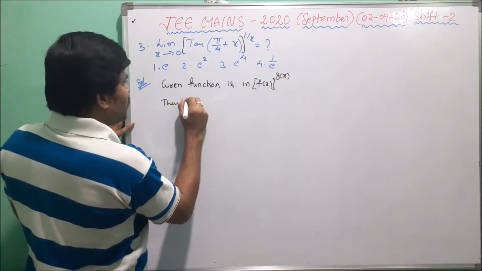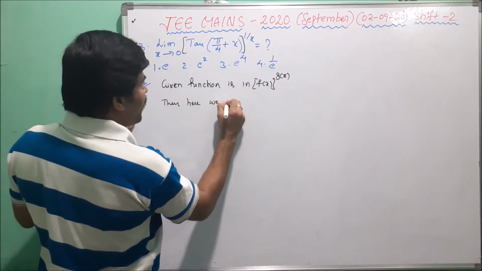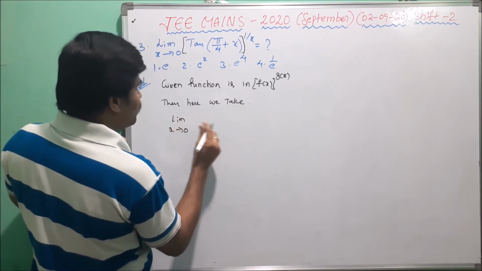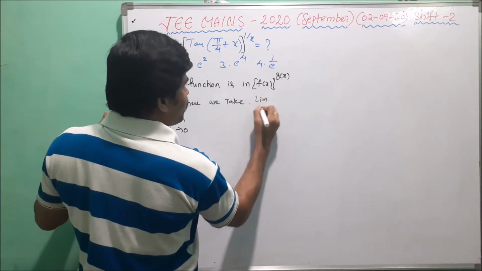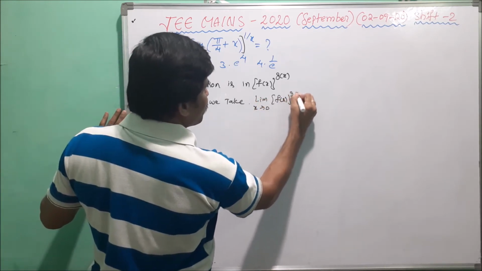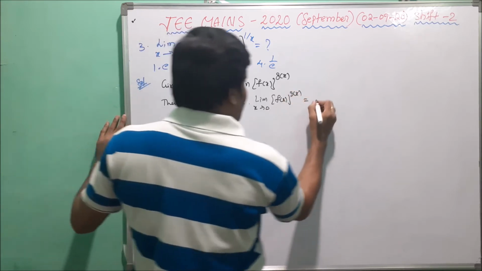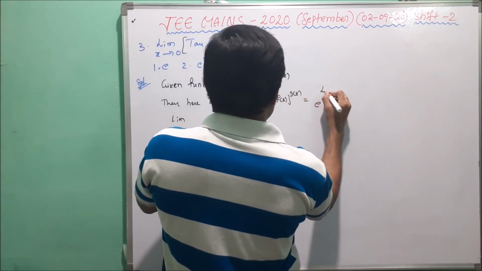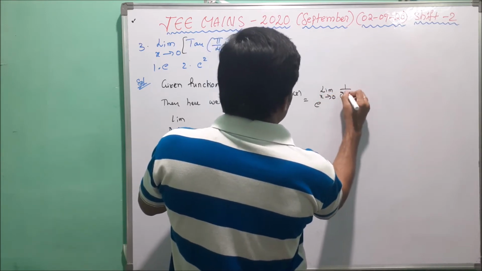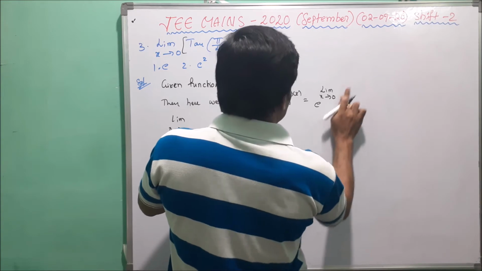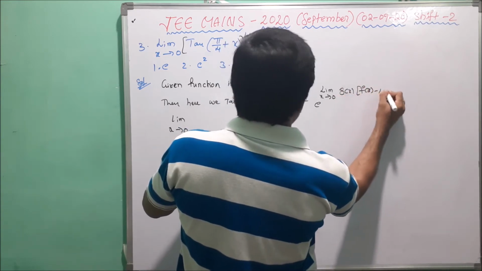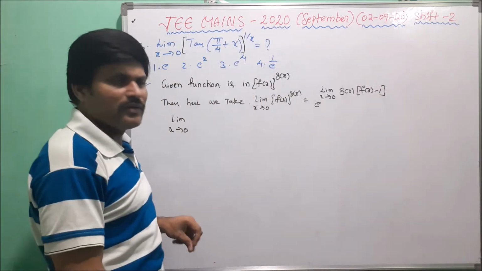Then here we take limit x tends to 0, f(x) power g(x) can be written as e power limit x tends to 0, g(x) into (f(x) minus 1).